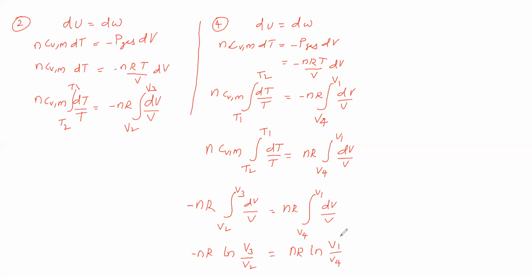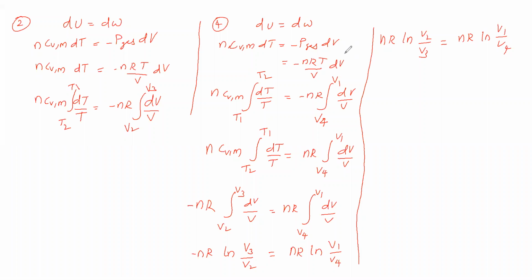Then next step, this minus I will make plus by interchanging this. Therefore it will become nR ln V2 by V3. See, V3 by V2 we are writing as V2 by V3, while minus becomes plus. Then it is equal to nR ln V1 by V4.